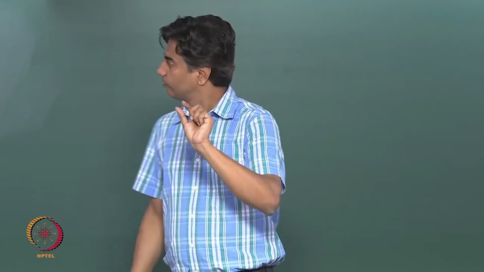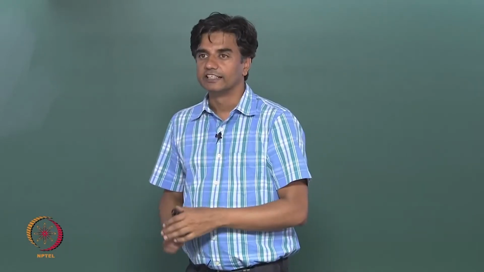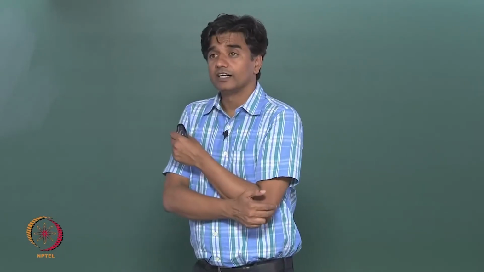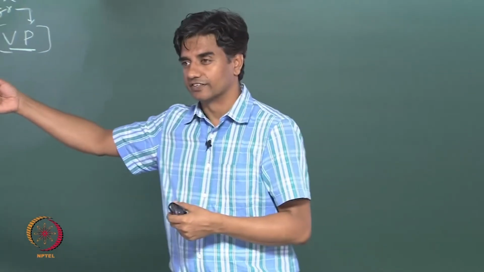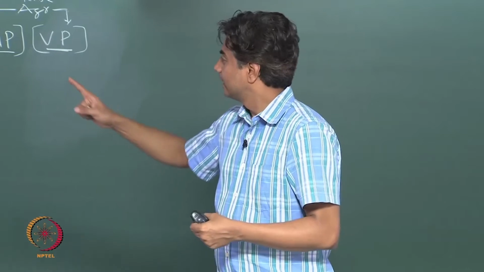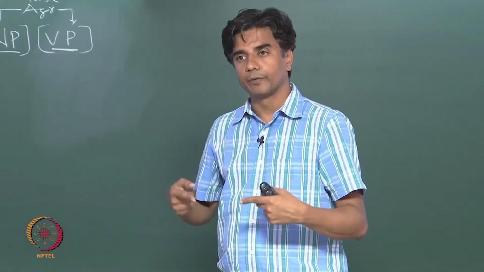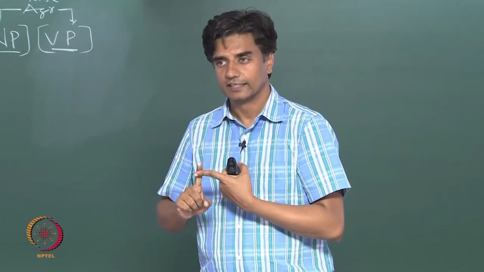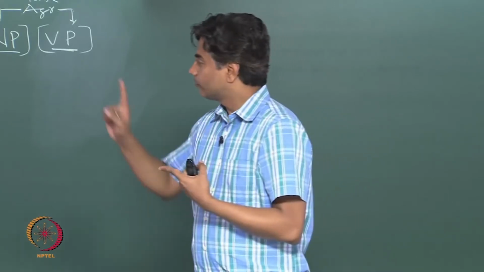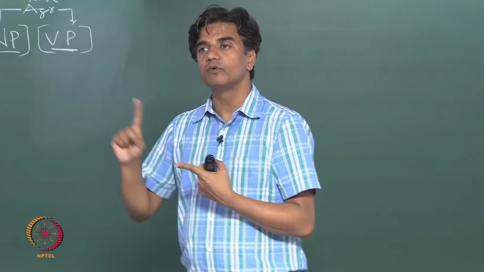But it will be worth mentioning right here that this movement gets complicated a little later. Some people have proposed, you have seen the M command and barrier and all those things, right? There are problems with the movement also.